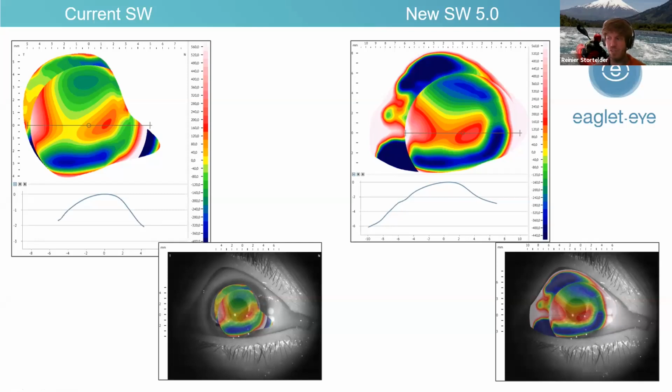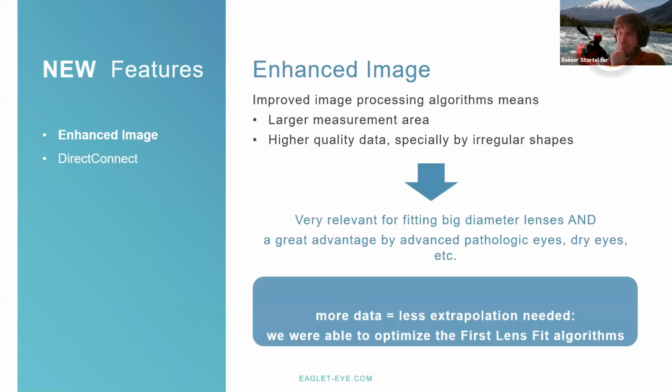Of course, such patients are always very hard because they're very sensitive. So still, you have to do a good job with opening. It's just here is the proof that we can measure much more. Beside of that, we have a much larger coverage.